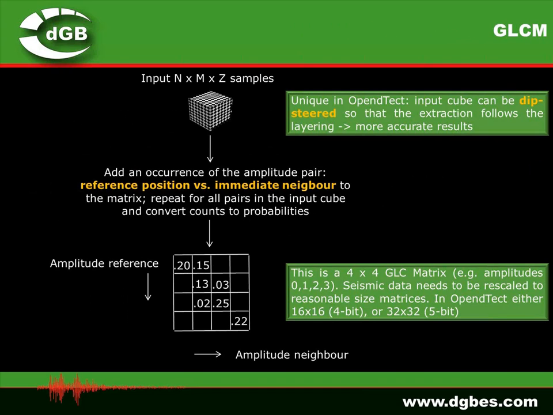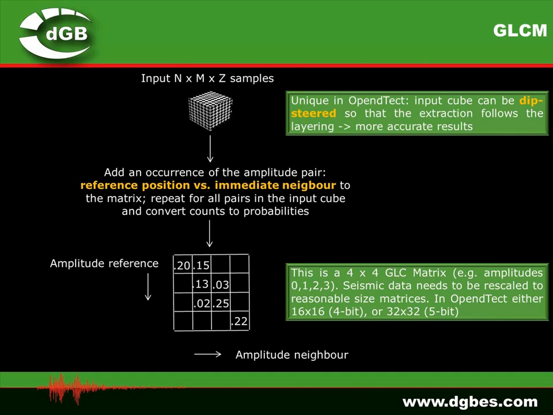In the matrix, a reference pixel and a neighbor are considered, and in a given window each pixel becomes, one after the other, the reference, and the analysis is done in this window.